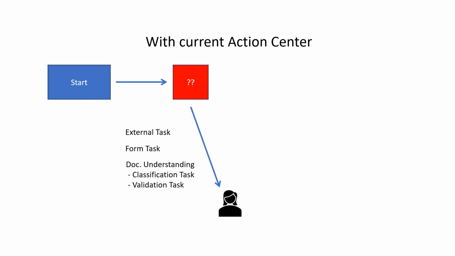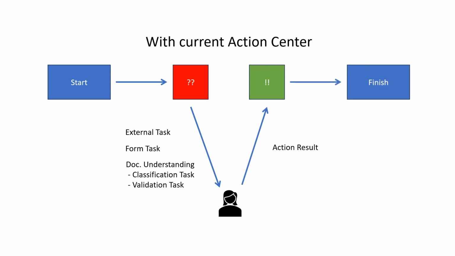And everyone else, like myself, we were stuck with only being able to do external tasks or form tasks. And they were good, they just weren't great. So anyways, whatever kind of task you would perform, you would send back an action result to the main process that would then pick up on that and then run until it was done. And that has worked fine.